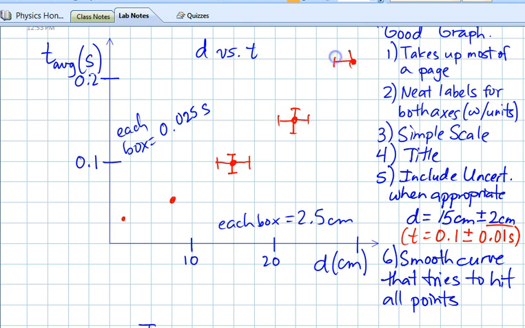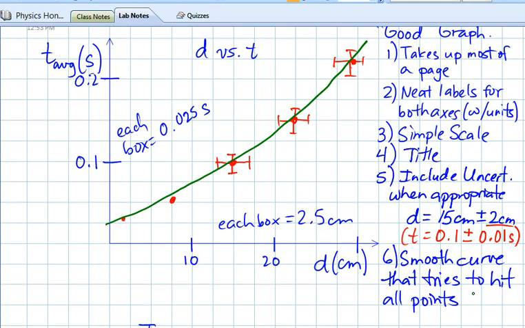I won't draw all of them. So what you want to do, I'll do this in a new color, is you want to try to draw a smooth curve or line that kind of hits all the points. And you have to use your judgment. If it looks like it's a straight line, well then draw in a straight line. If it looks like it's a curve, draw in some type of curve.